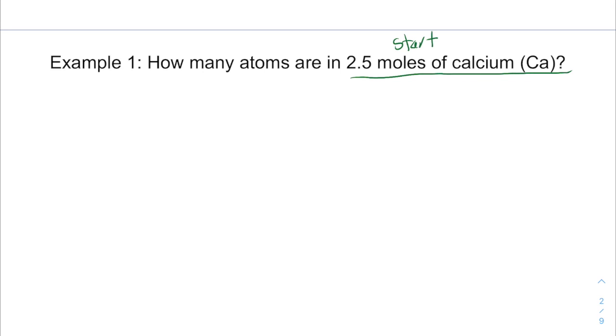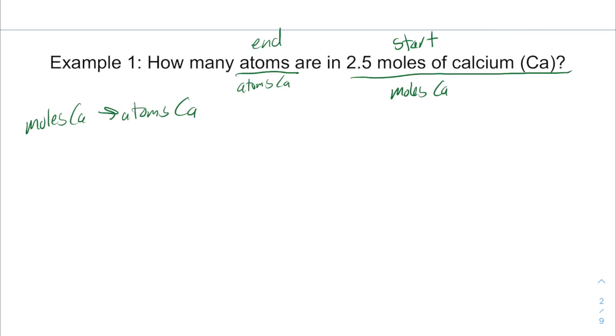I need to end with atoms of calcium because I want to know how many atoms. So this means I'm going from moles of calcium to atoms of calcium.